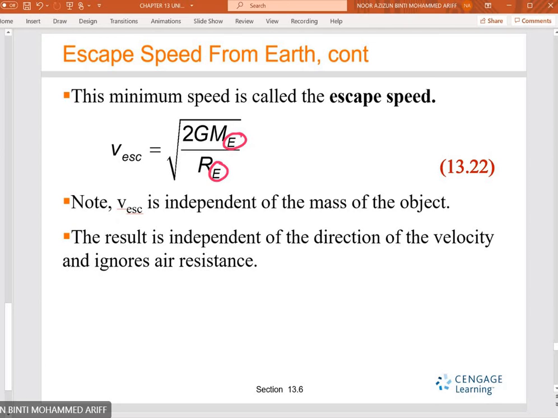It is also independent of the direction of velocity, and we ignore air resistance. In real life you need to account for air resistance, so whoever wants to be a NASA engineer has to go deeper into air resistance later.